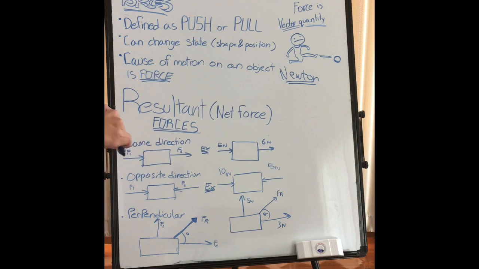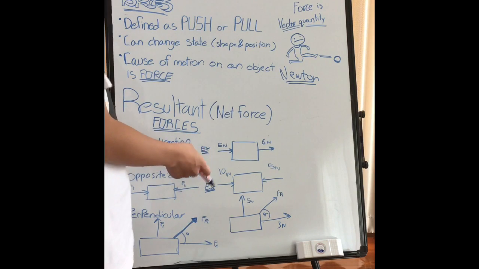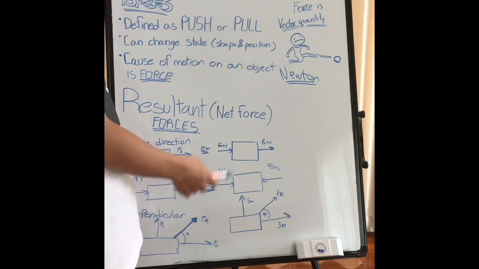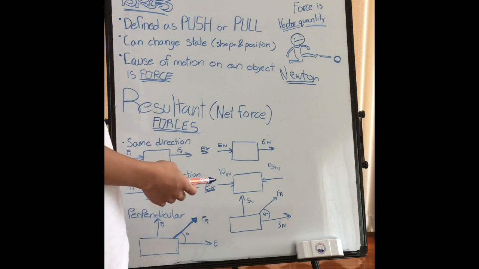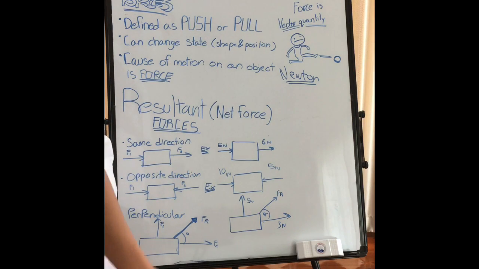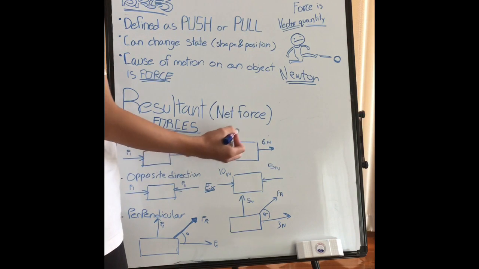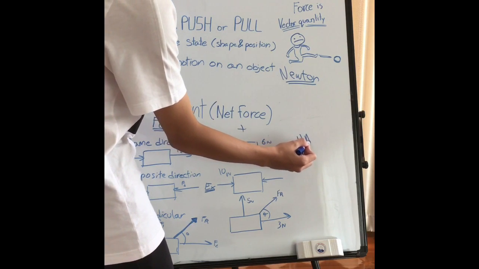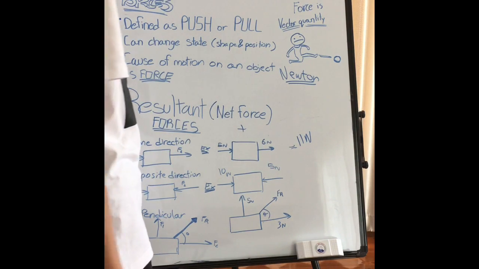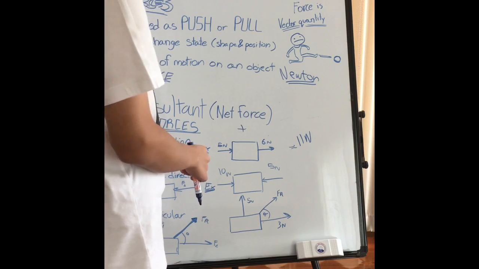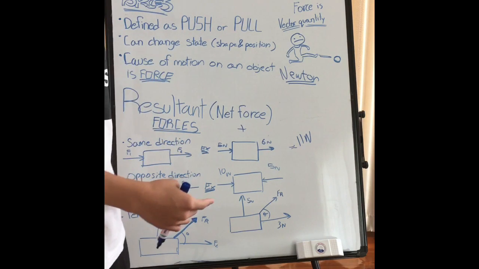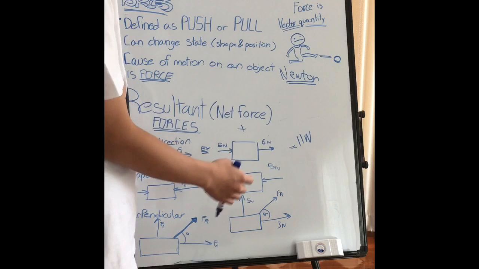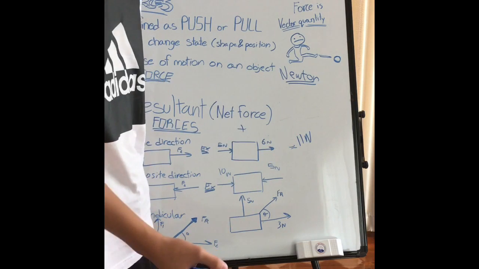For example, we get 5 Newton to the right and 6 Newton to the right too. So we combine them, 5 plus 6, which equals 11 Newton. You look at which direction it goes. It goes to the right, so it's 11 Newton to the right.